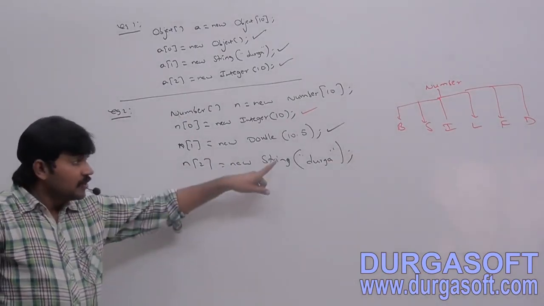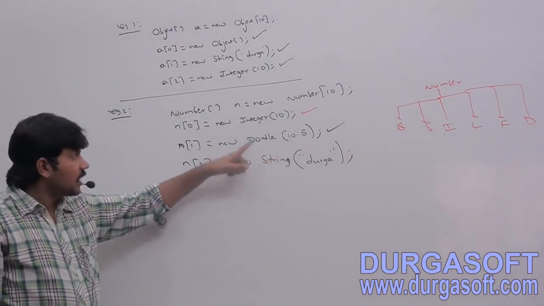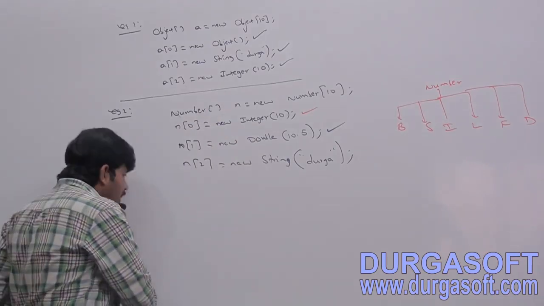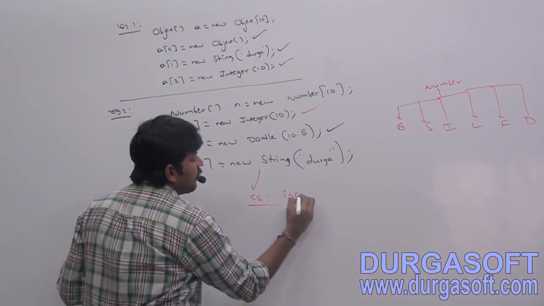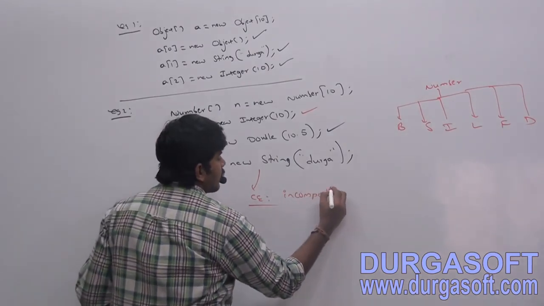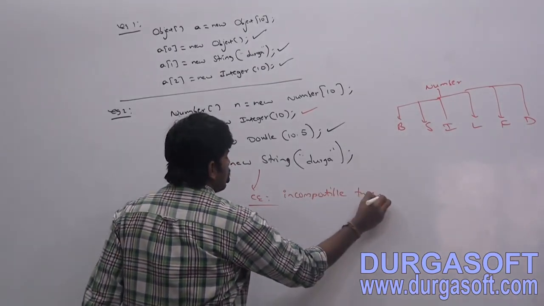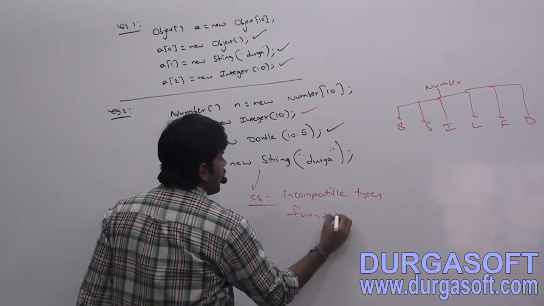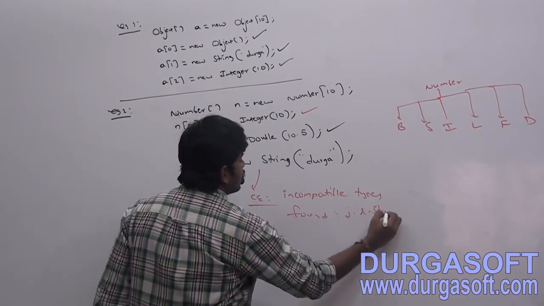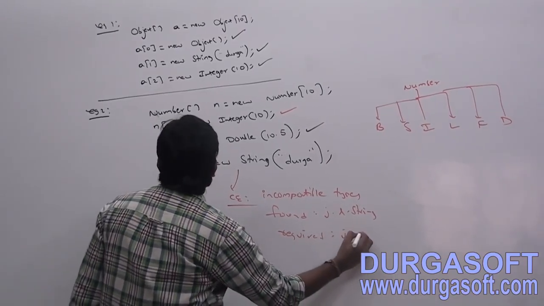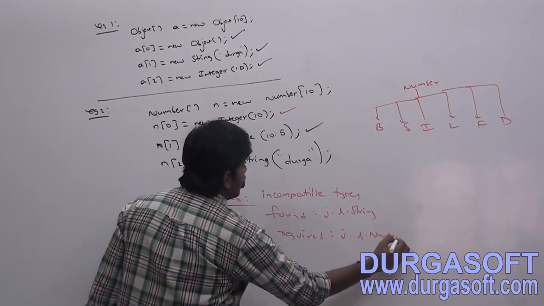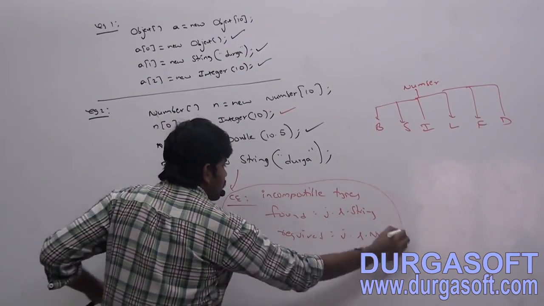Invalid, because String is not a child class of Number. That's why you immediately get a compile-time error saying incompatible types: found java.lang.String, required java.lang.Number.